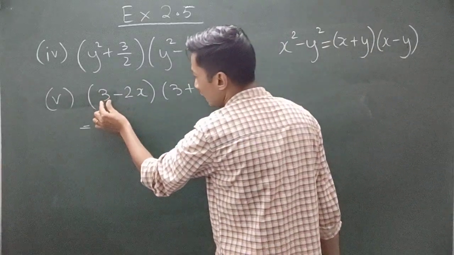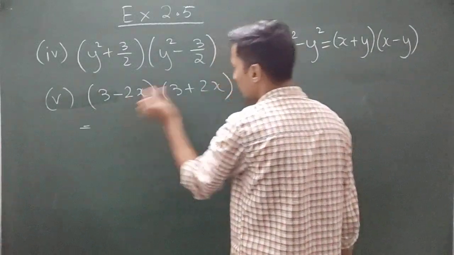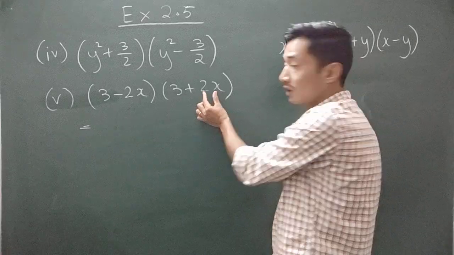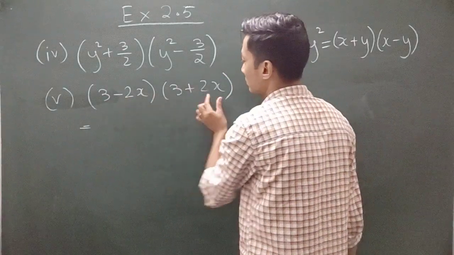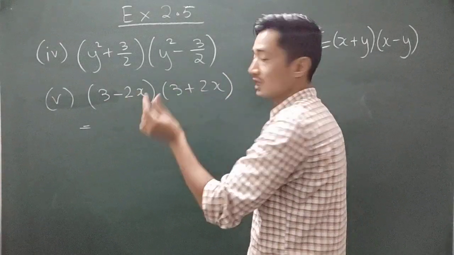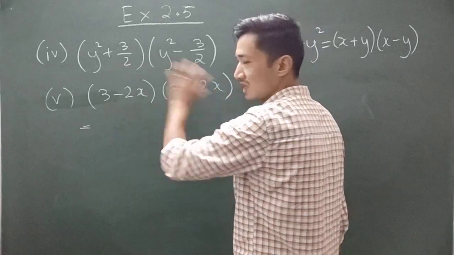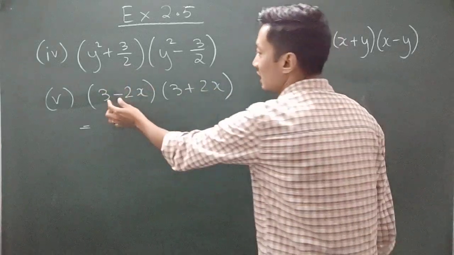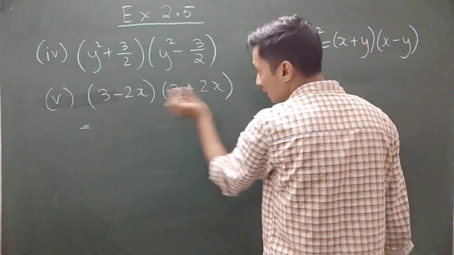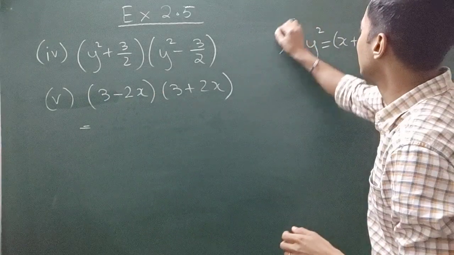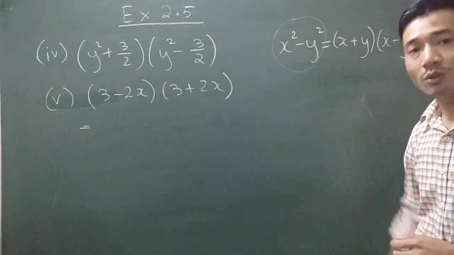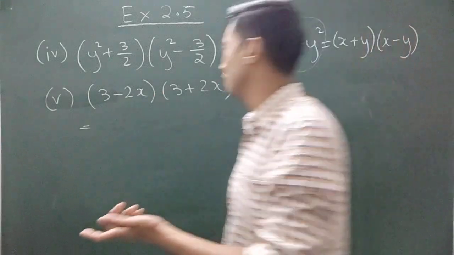Definitely yes, because 3, 3, 2x, 2x, all the terms are same. The only difference is a sign, plus or minus, whichever comes first. Don't worry about that. So it's x plus y into x minus y, which means we can easily use the x square minus y square formula because it fits in the model.